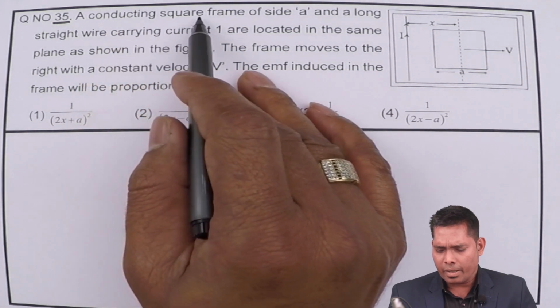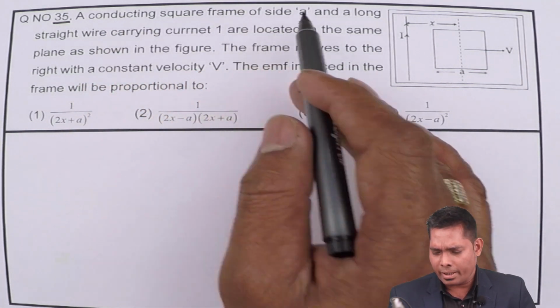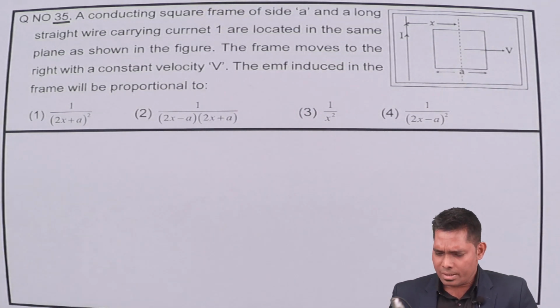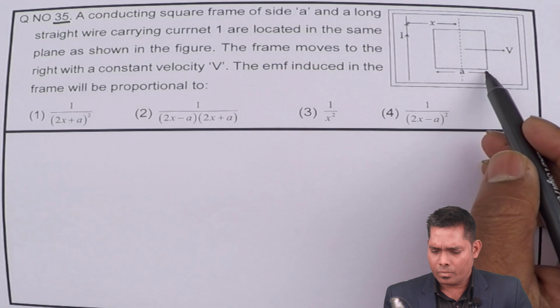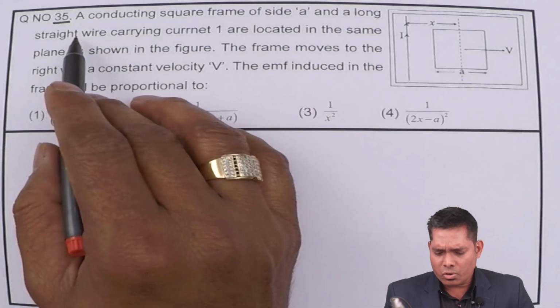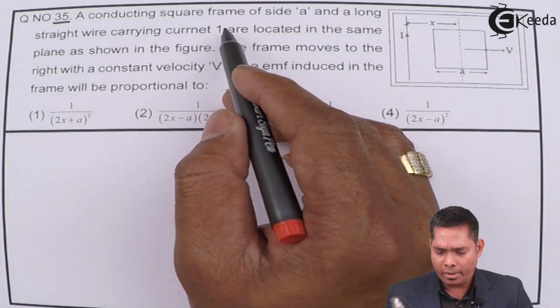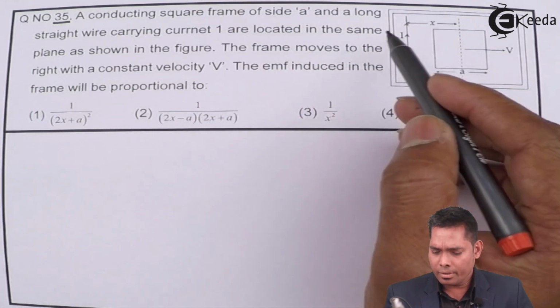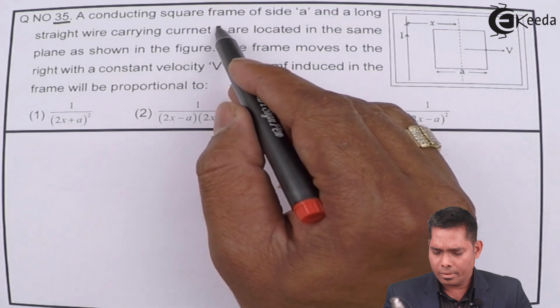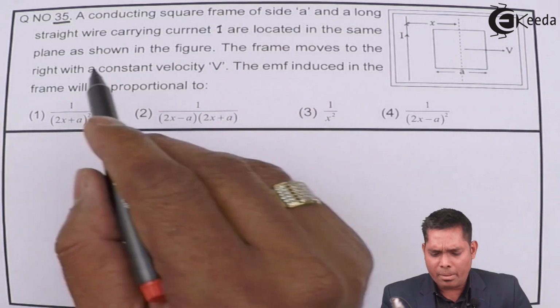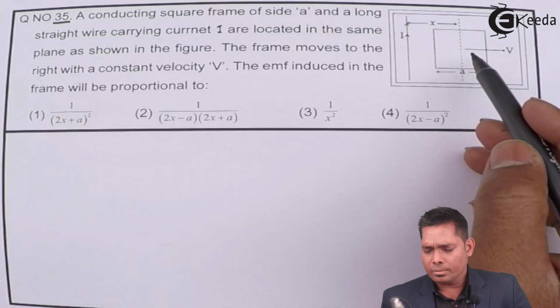A conducting square frame of side A, this is a square frame whose side is A, and a long straight wire carrying current I, this would be I, as shown here, are located in the same plane as shown in figure.